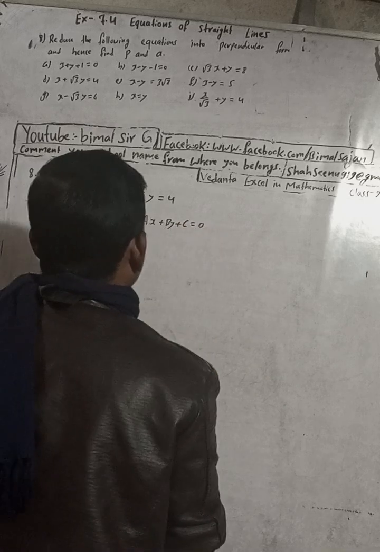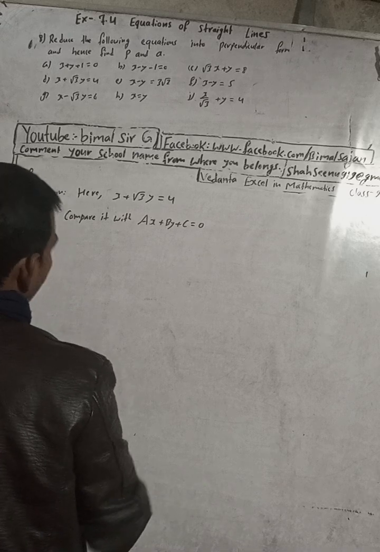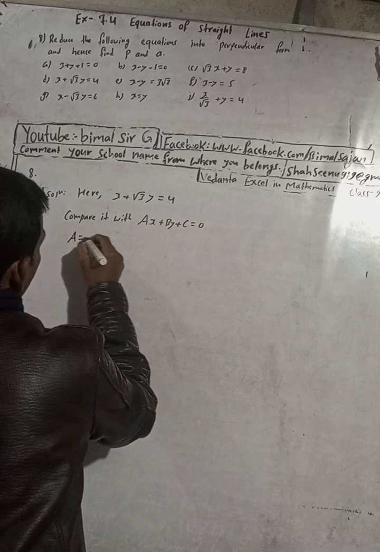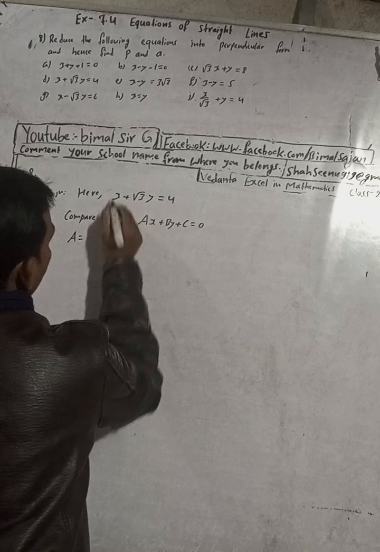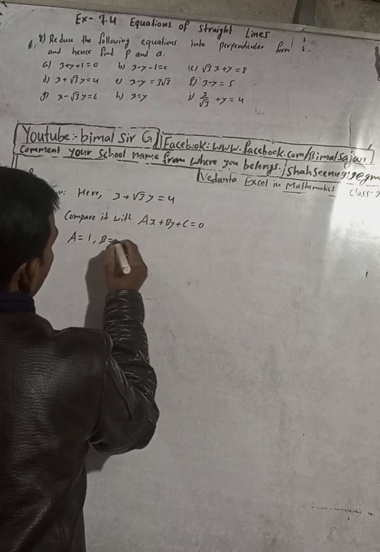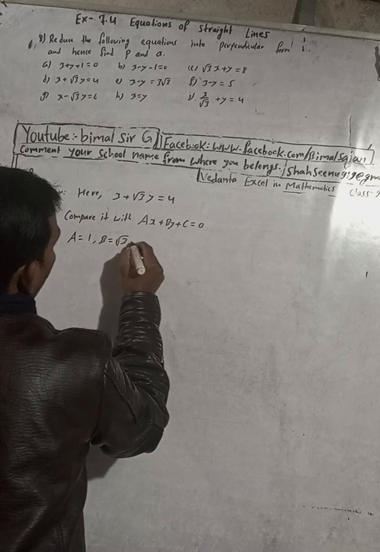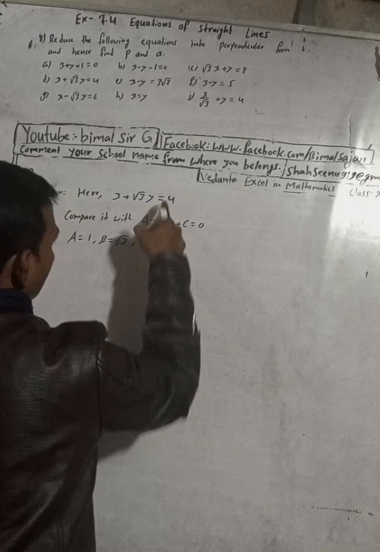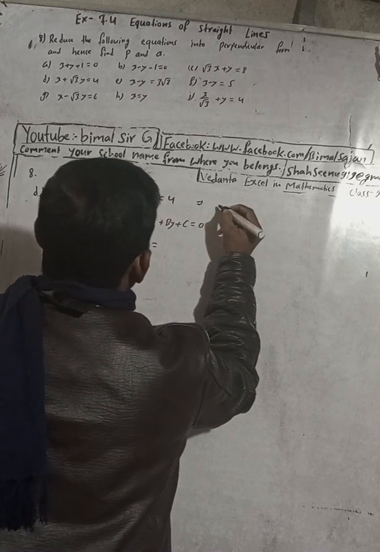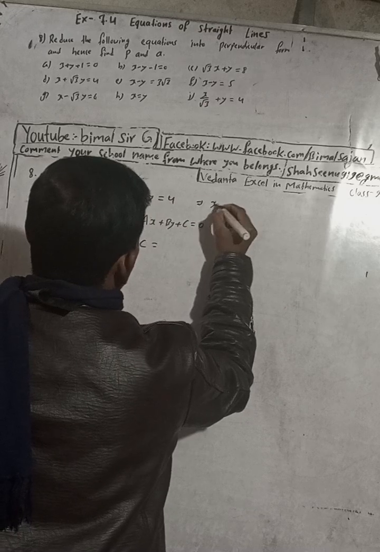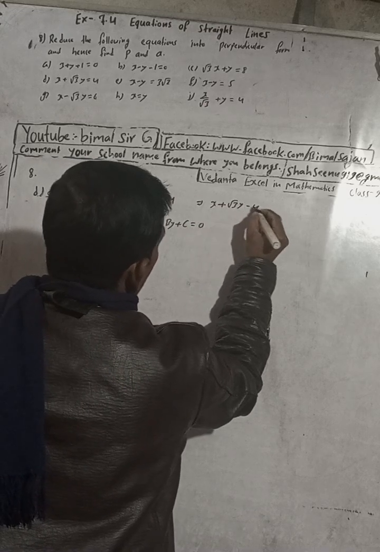When we compare, we get a is equal to 1, since there is nothing with x, b is equal to root 3, and c is equal to minus 4, so the equation can be written as x plus root 3 y minus 4 is equal to 0.